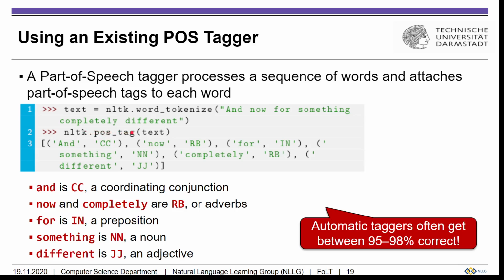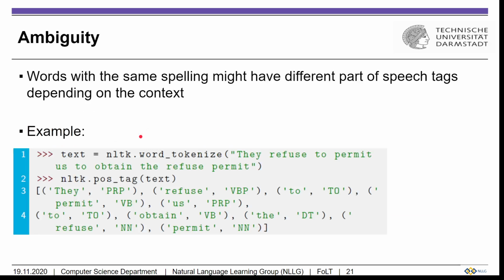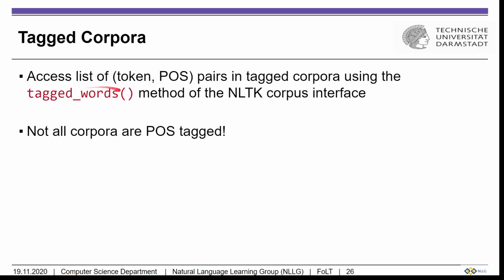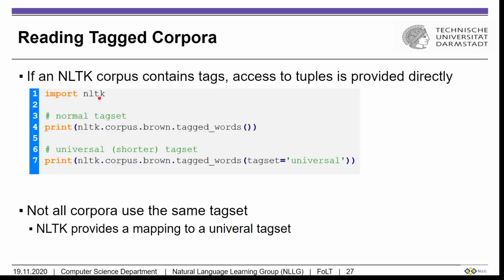Yeah, so here it was pos tag. So the difference here is that here we tag a completely new text, and here we have an existing corpus which is not new, but it's stored in NLTK, and you access its token POS pairs using this method here.